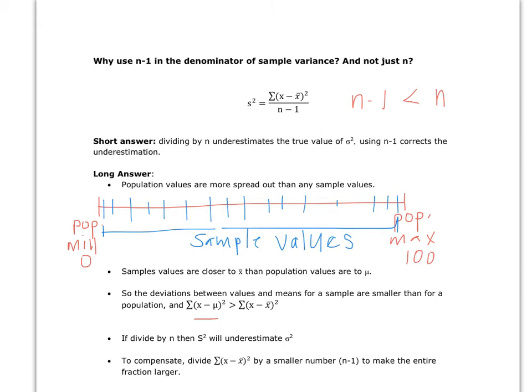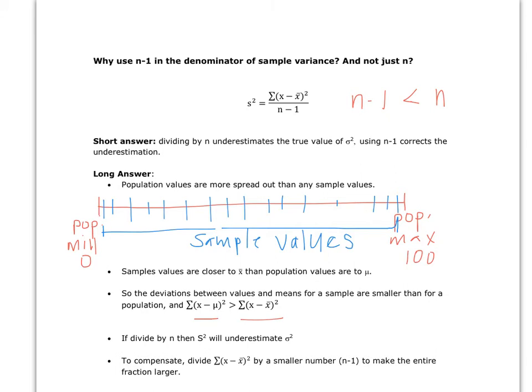It's going to be bigger than when you take the sample values, which are closer to the sample mean, find those differences, square them, and add them up. So the numerator part of our variance for the population is larger than for the sample.